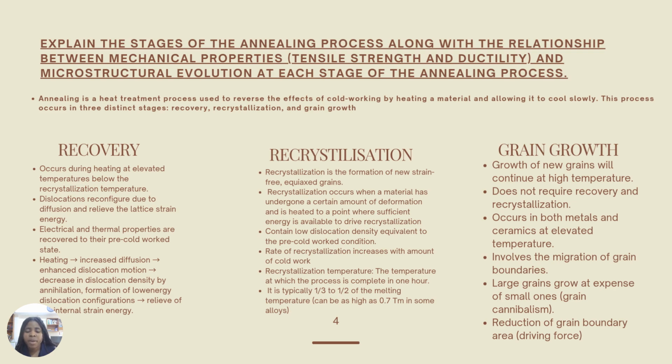It involves the migration of the grain boundaries, and the large grains grow at the expense of the smaller grains, in a process called grain cannibalism. The reduction of grain boundary area is the driving force.